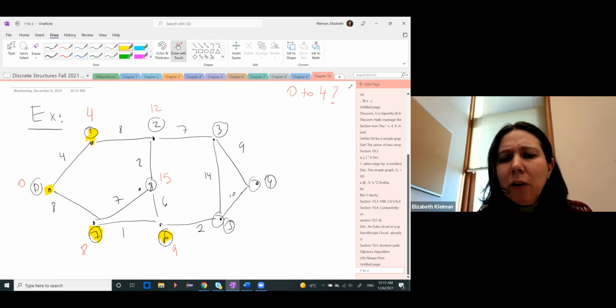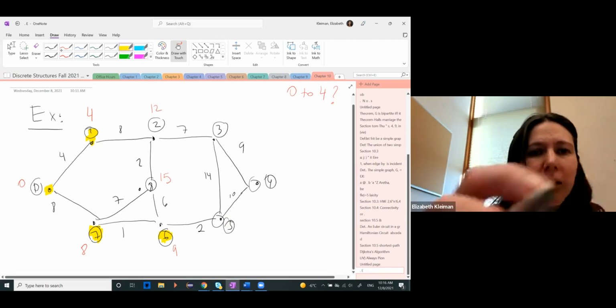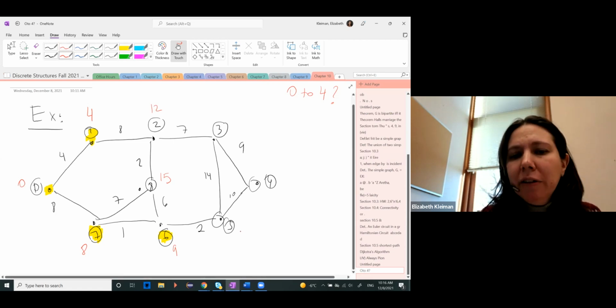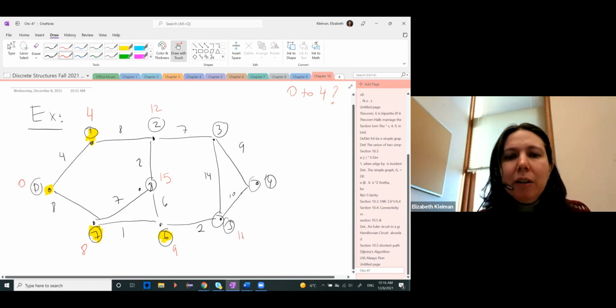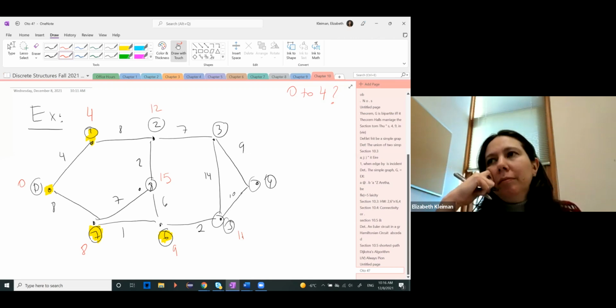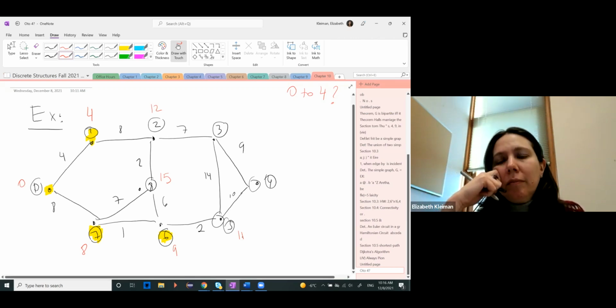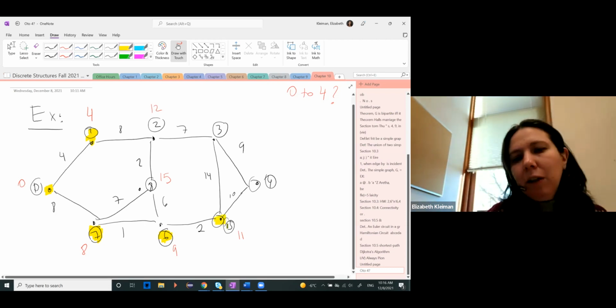So I also can go from 6 to 5. And what is going to be my weight here? 11 is correct. So 12, 15, or 11? 11 is the best, so node 5 is the one we visit next.